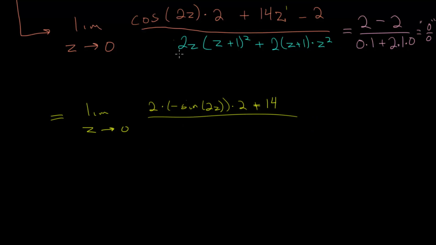When we look at this first term here, we do the derivative of the first function, which is 2, multiplied by the second function, z plus 1 squared. Then we add the derivative of this second function. We bring the 2 down in front, subtract the exponent by 1, multiplied by the derivative of the inner function, but the derivative of z plus 1, we know it's just 1. And then we multiply by the first function.